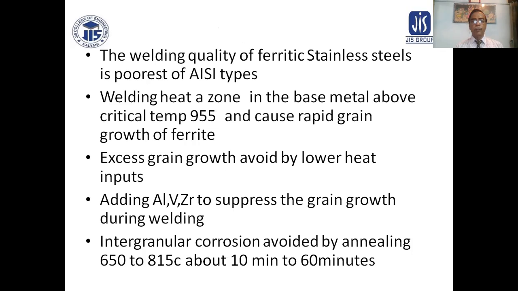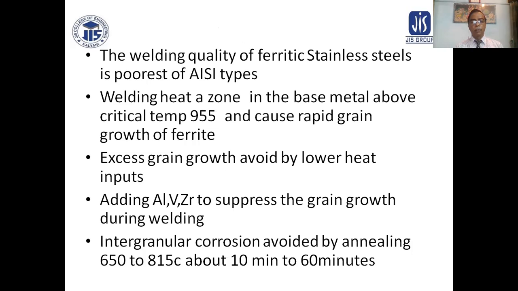Welding quality of ferritic stainless steel is poorest of the AISI types. Welding heats a zone in the base metal above the critical temperature 955 and causes rapid grain growth of ferrite. Excess grain growth is avoided by lower heat inputs.